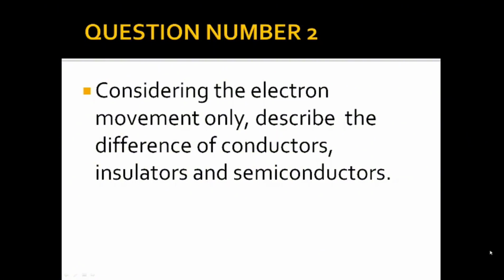That means what this particular question is looking for, in case you see such in your examination, is asking you to differentiate conductors, insulators, and semiconductors based on the movement of electrons only. What are you thinking? I know you're trying to solve that within you now. It's a good one. But let's look at it together.